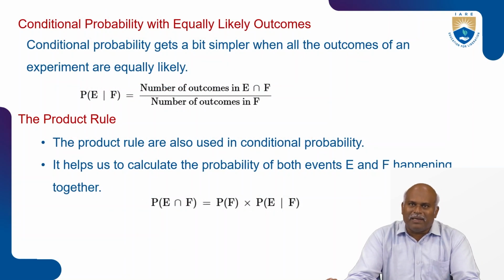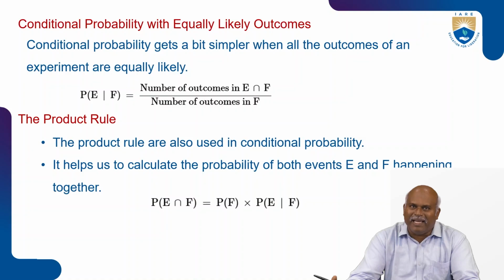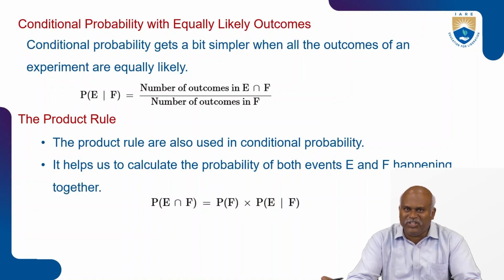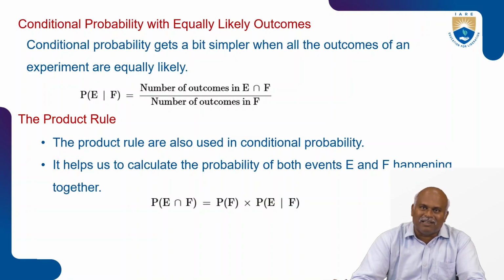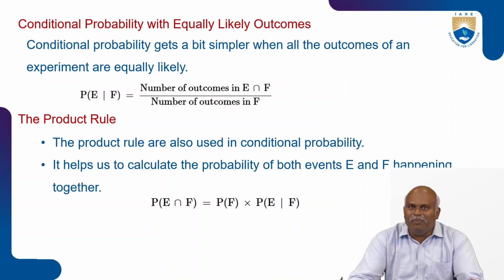Conditional probability with equally likely outcomes. What is the meaning of equally likely outcomes? Equal possibility of the conditions is called equally likely outcomes. So conditional probability gets a bit simpler when all outcomes in the experiment are equally likely.